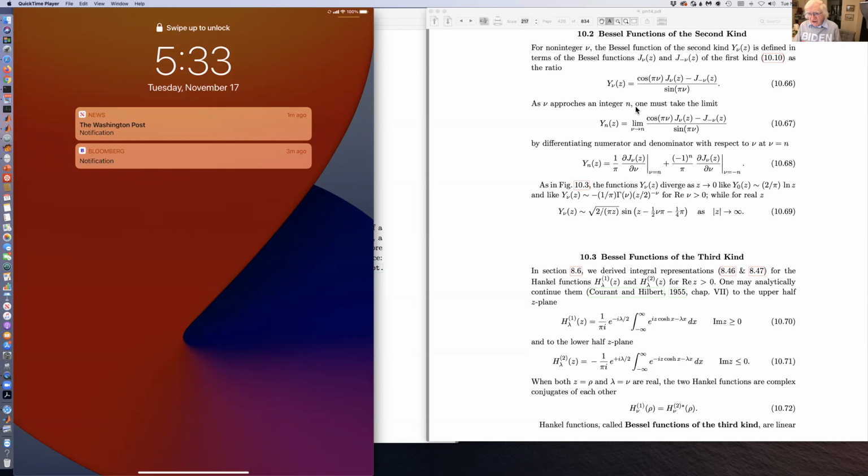As nu approaches n, what you do is you take the limit by differentiating the numerator and the denominator with respect to nu.